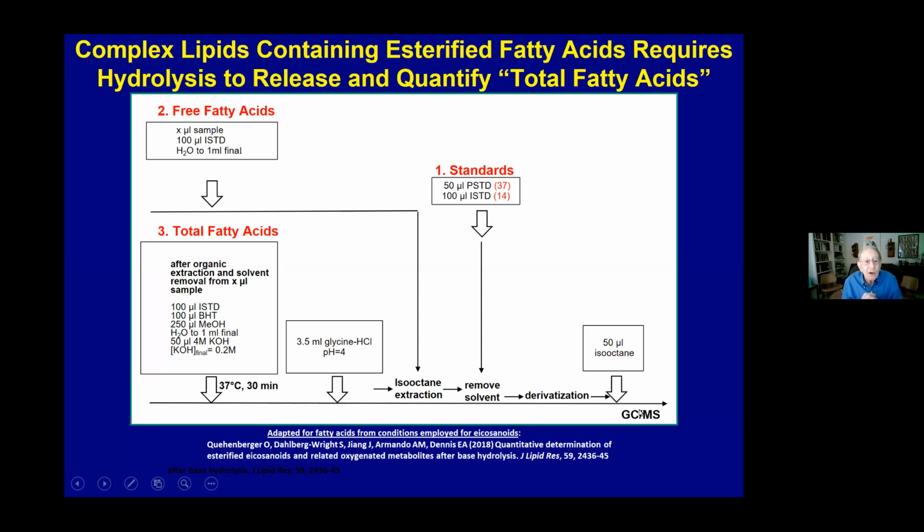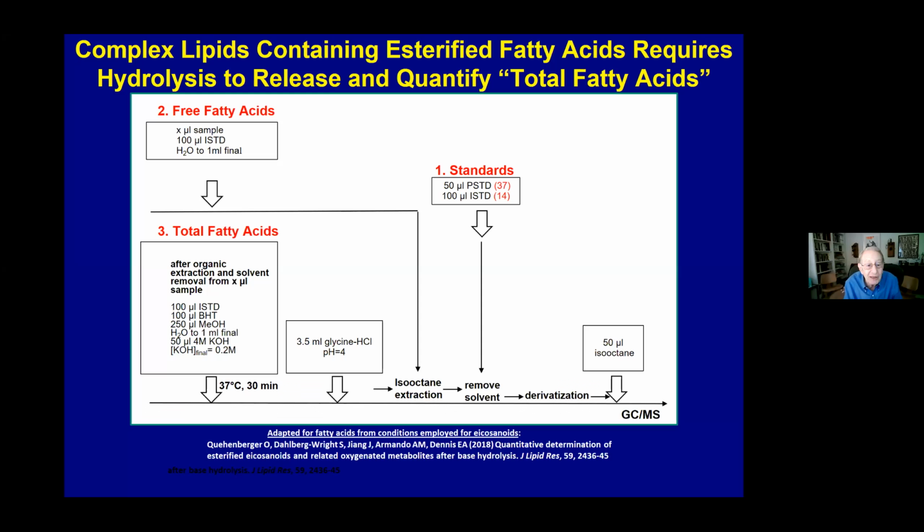Now, if we want to know the total fatty acids in a biological preparation, that is all the fatty acids that are esterified, at least in triglycerides and phospholipids, which is what we tend to focus on, we have to extract the biological sample first using an extraction as has been described earlier today by others for all of the categories one wants to see.